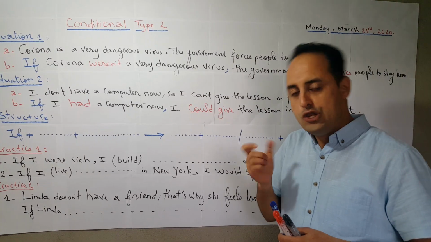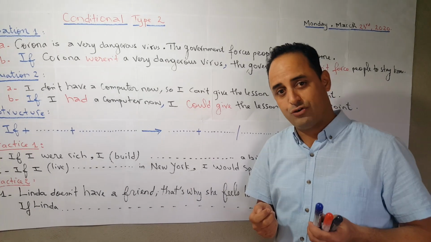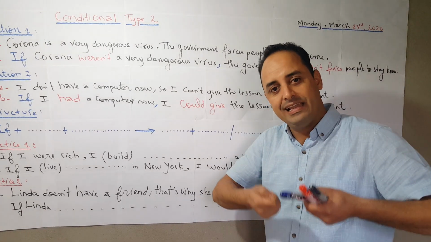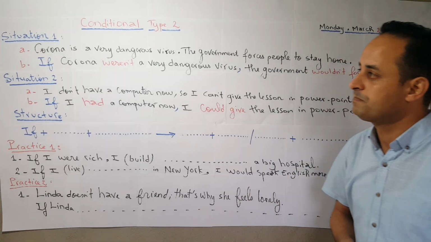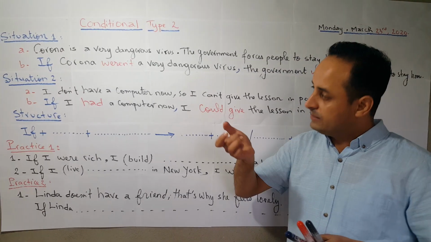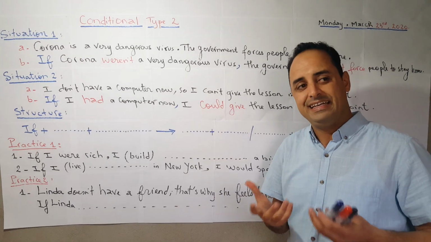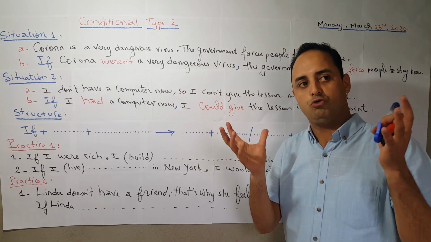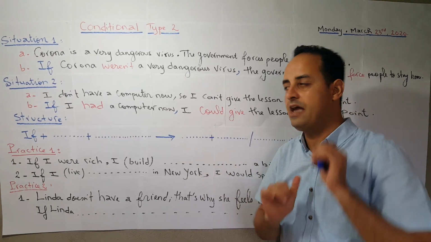We can notice that these two sentences express some real life situations in the present moment. However, sentences B in both situations express imaginary situations in the present which have to do with A.